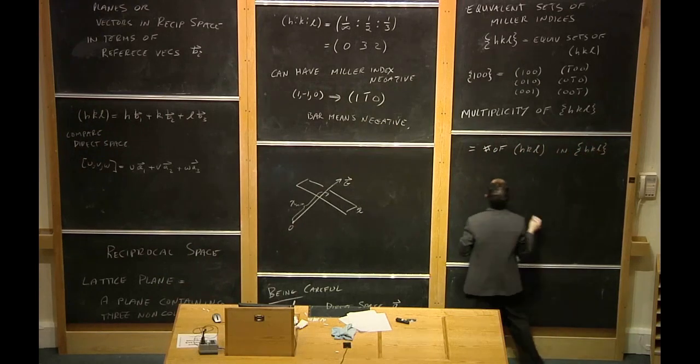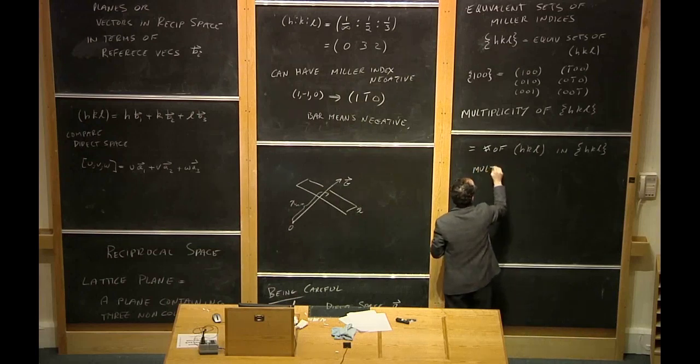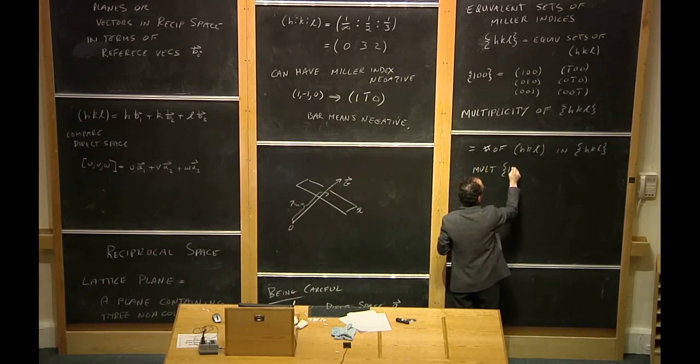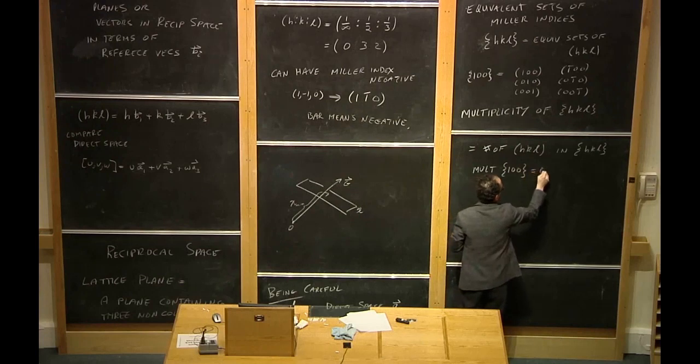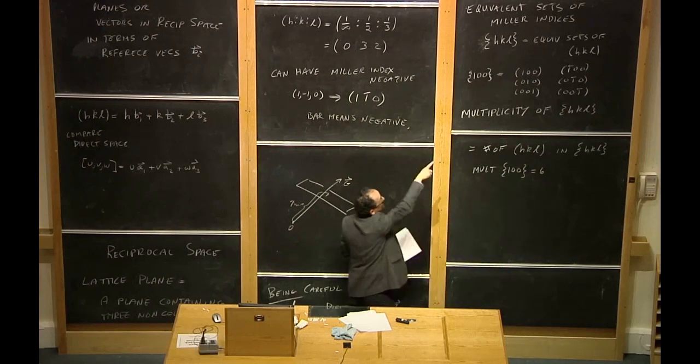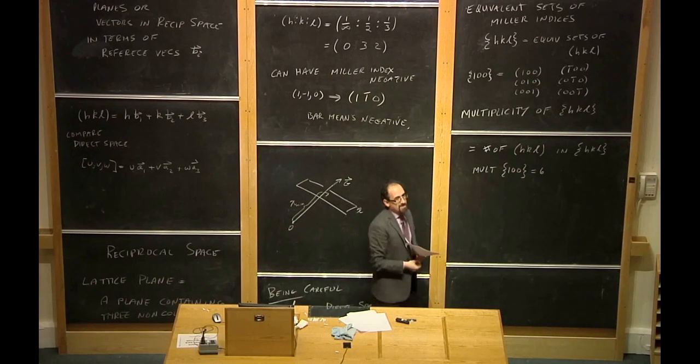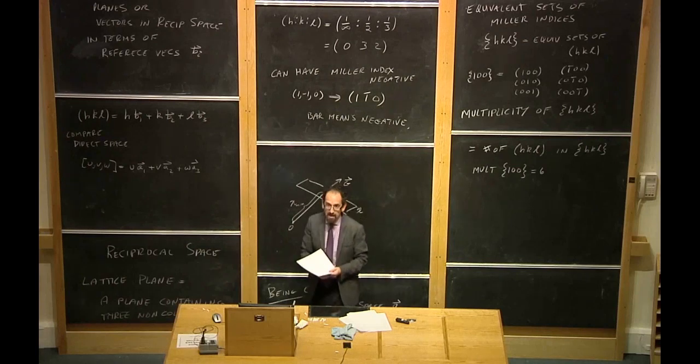So in this case, the multiplicity of {1, 0, 0} is 6, because it includes all those 6 different sets of Miller indices that I wrote down. Okay?